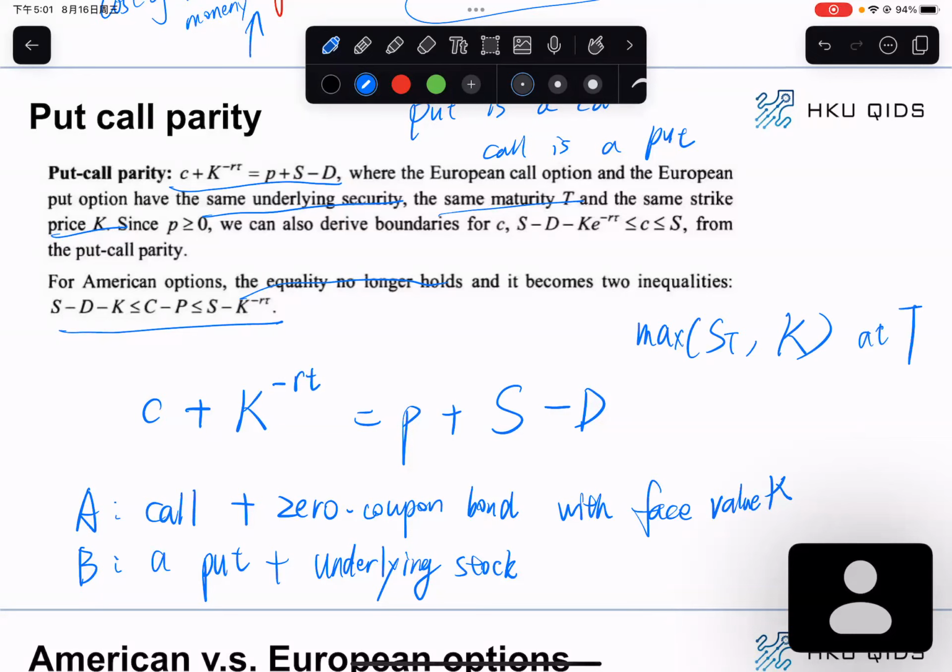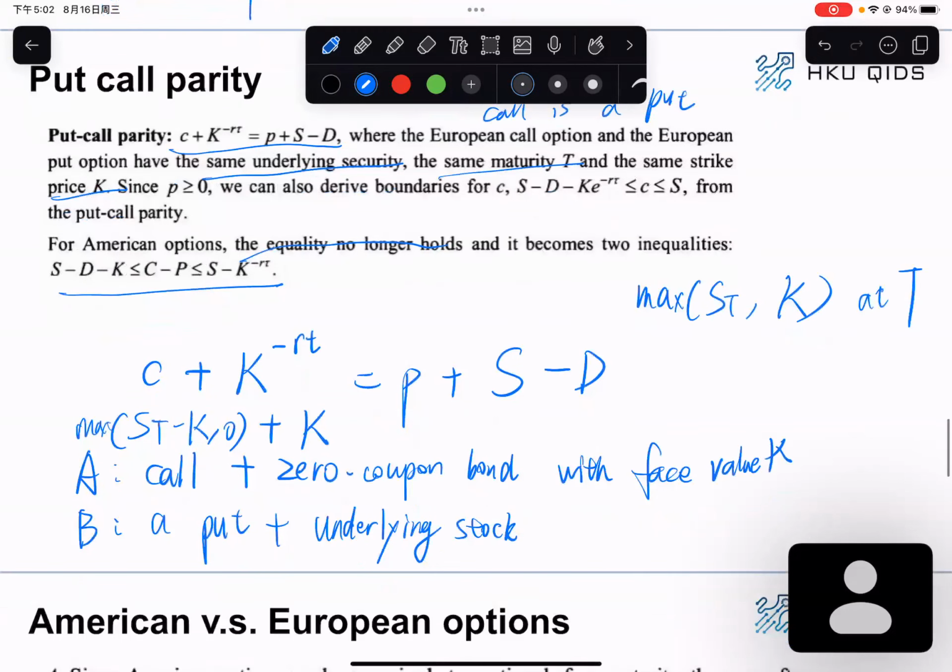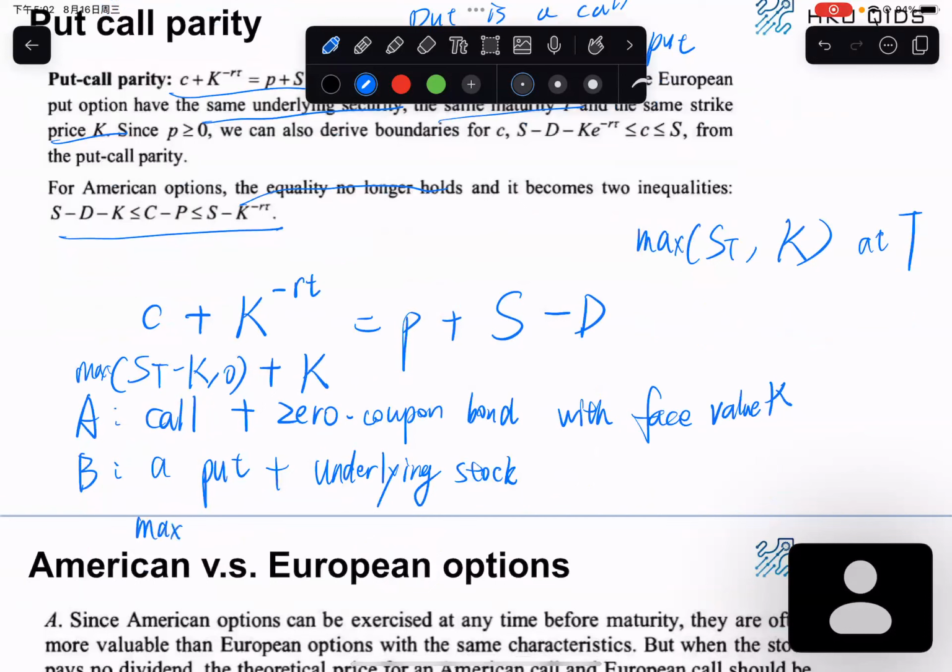Because for the left-hand side, this is going to be max(S_T minus K, 0) plus K, right? And for the right-hand side, this is going to be max(K minus S_T, 0) plus what? Plus S_T. Okay, so both become this one. And both sides should be equal.